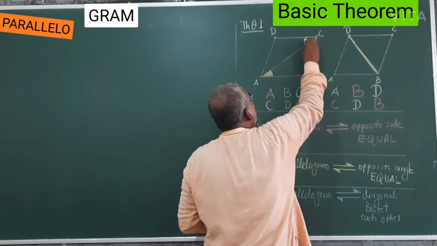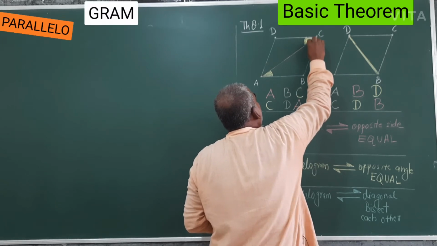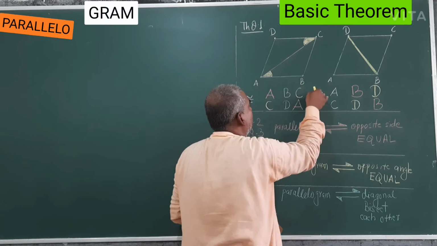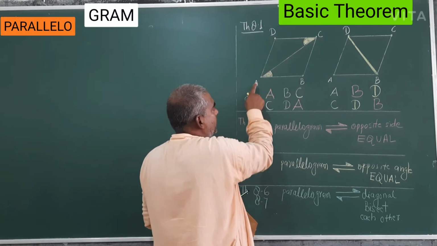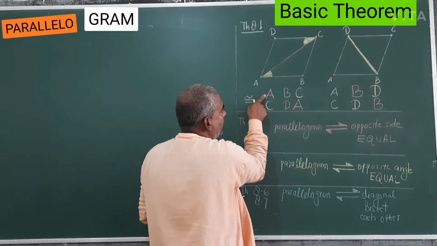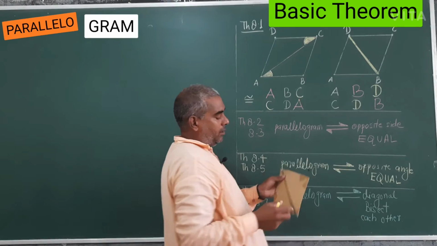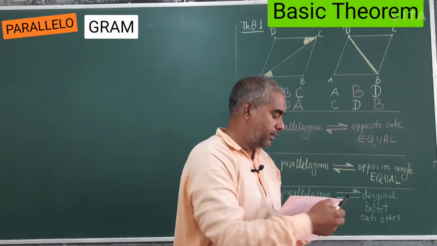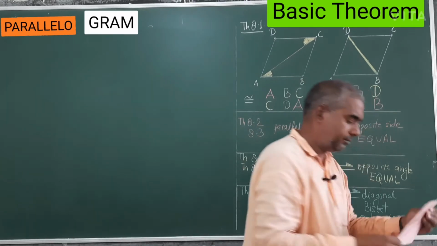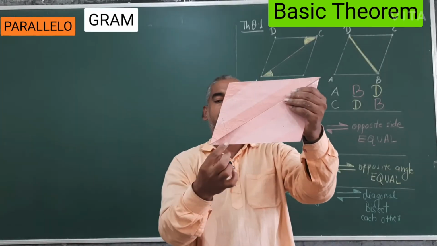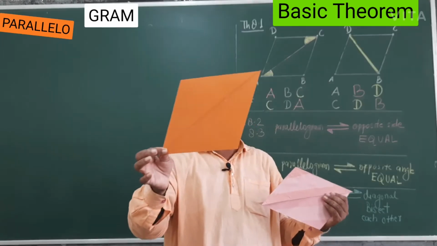This cross, and cross, this will be equal to this. That is why A and C, so here A is coming here in cross, C and C. Actually, let me prove it with the experiment. This is not equal to this, but these are equal because this is a rhombus, all sides are equal.